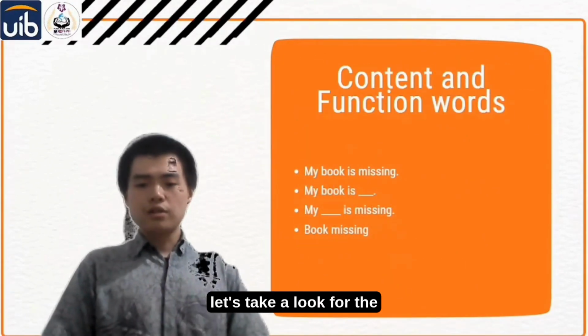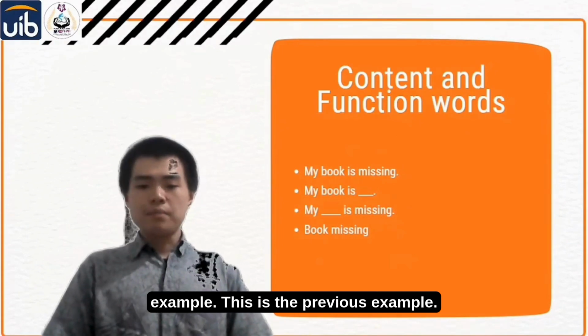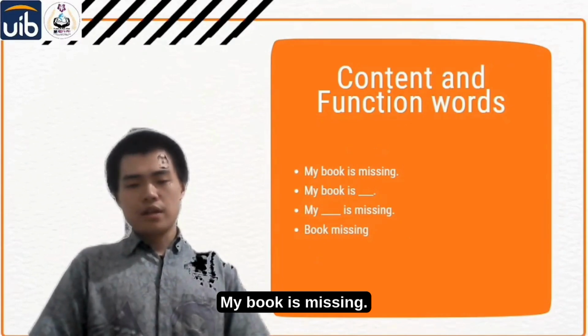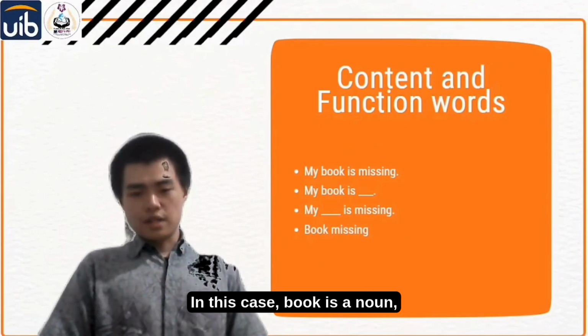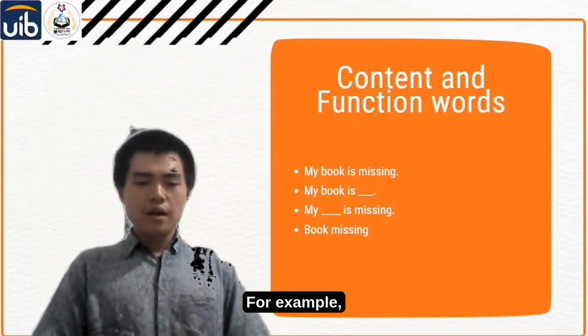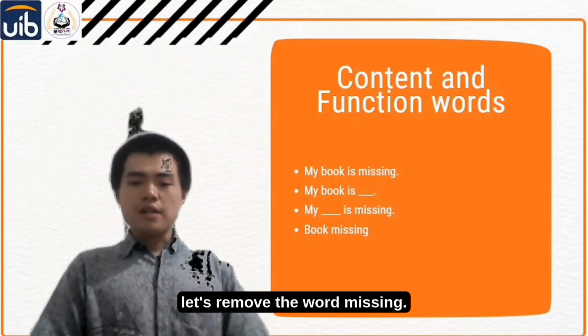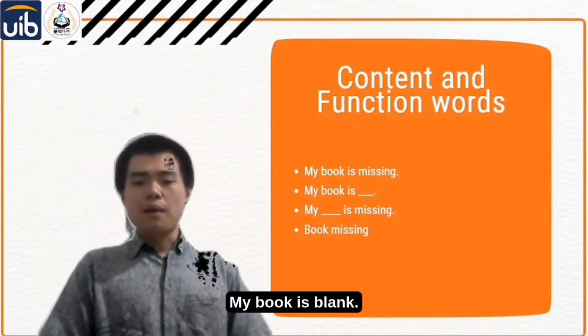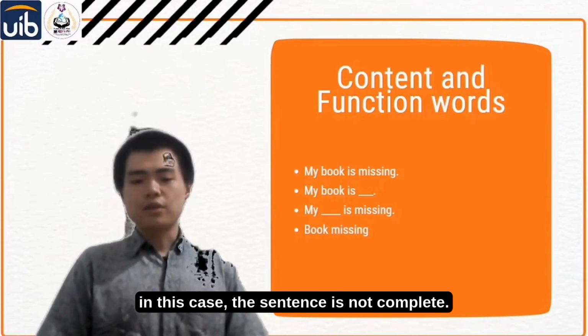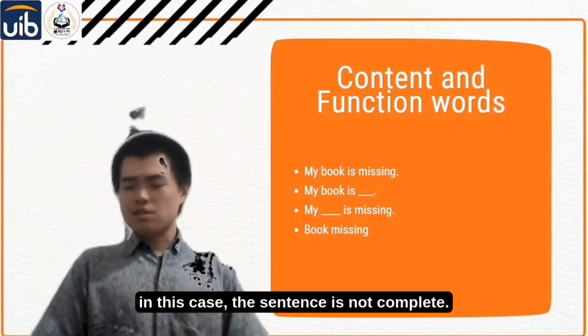So let's take a look at the previous example. My book is missing. In this case, book is a noun, missing is an adjective. For example, let's remove the word missing. My book is blank. So in this case, the sentence is not complete.